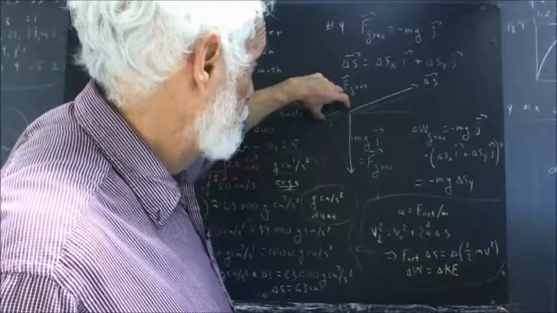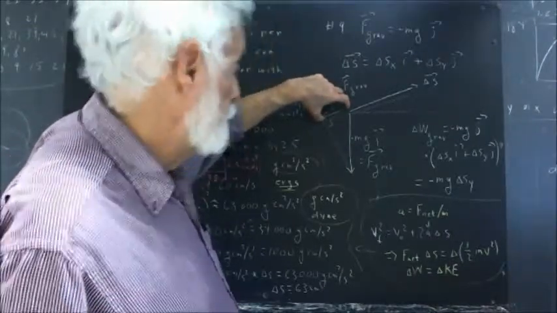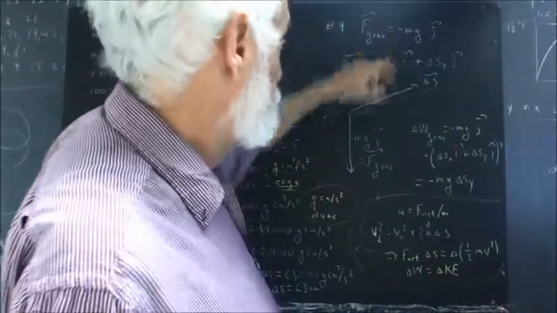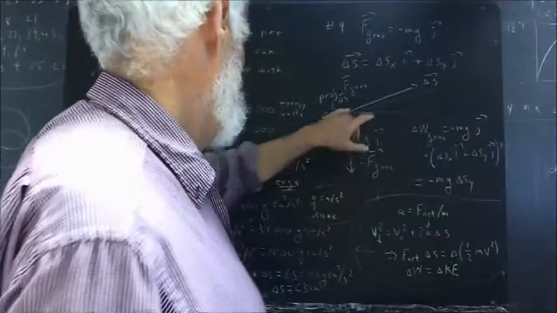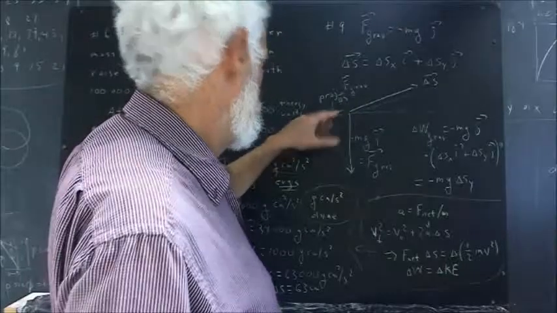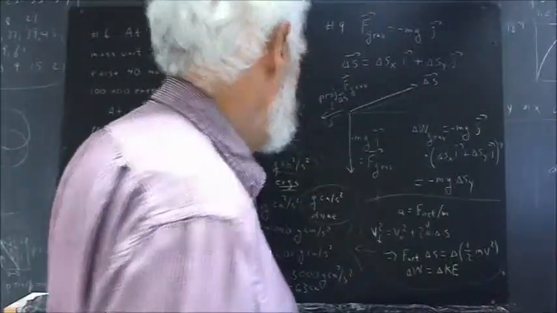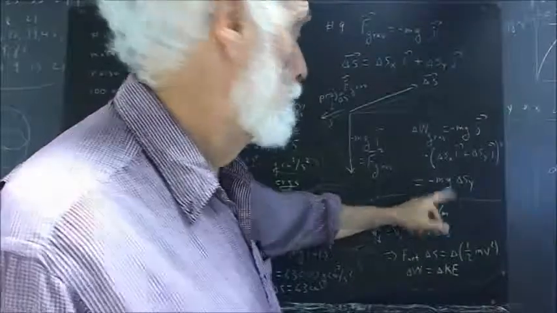If we multiply this projection of the gravitational force by the entire distance of the displacement, and note that we have a negative, since our projection is in the direction opposite our delta S, we're going to get exactly the same thing. And that's something you should work out.